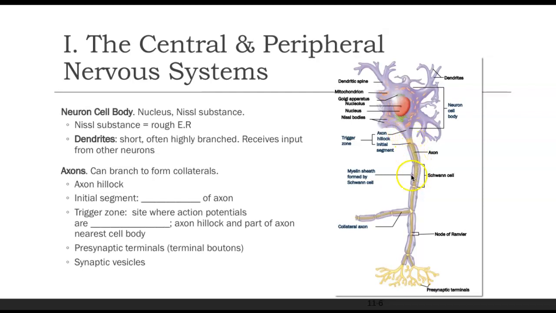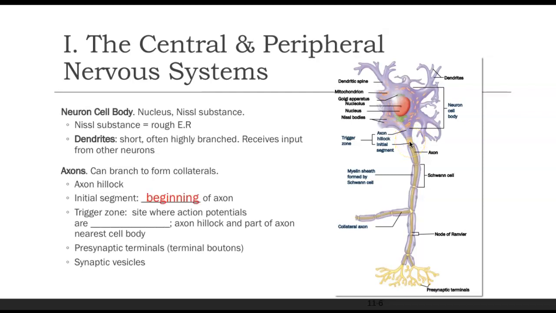So this axon can also branch out, and this is called a collateral axon, in order to have information travel to different areas. An axon is also going to have these beginning portions. We have the axon hillock, in which we're going to have the flow of information first go there, and then into the initial segment.